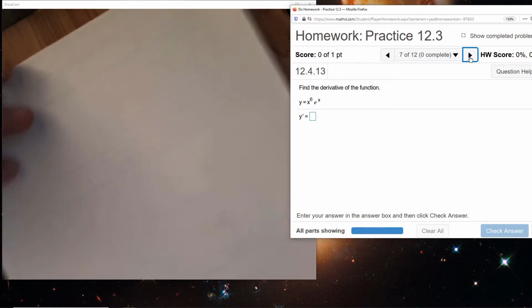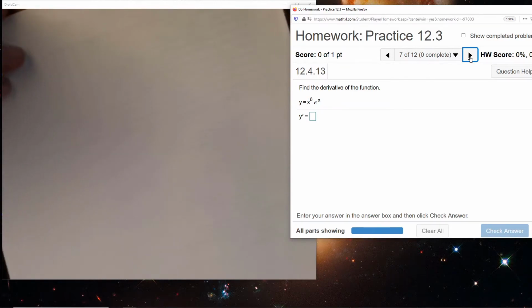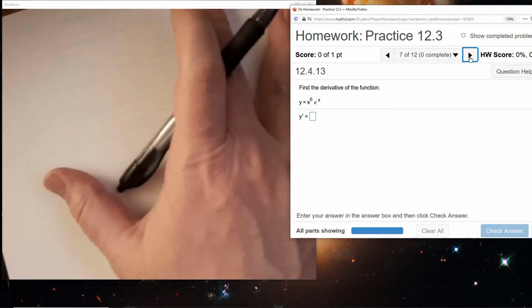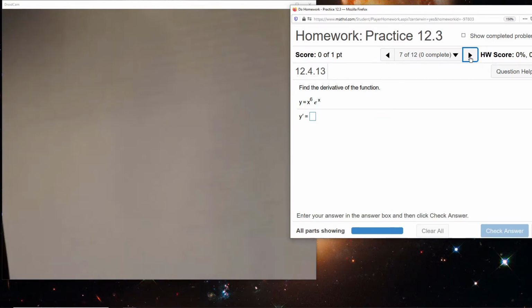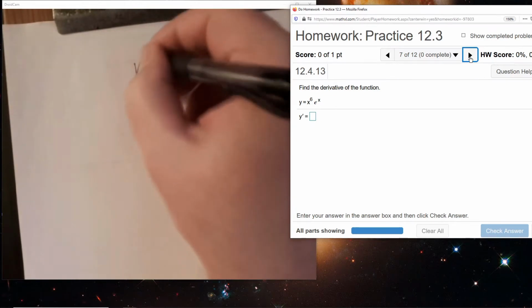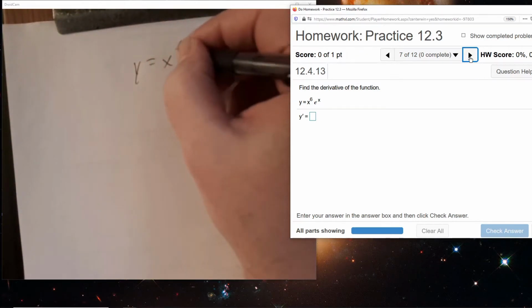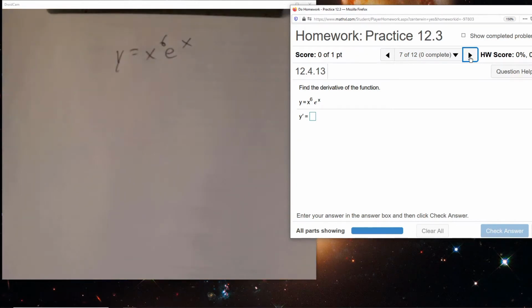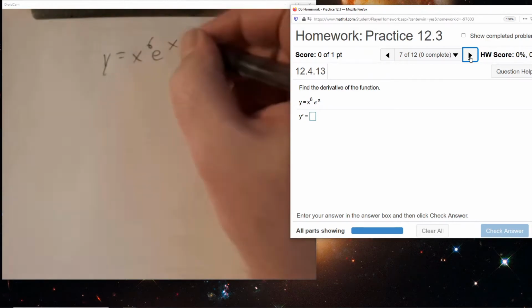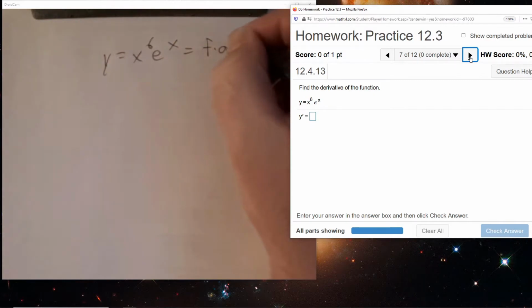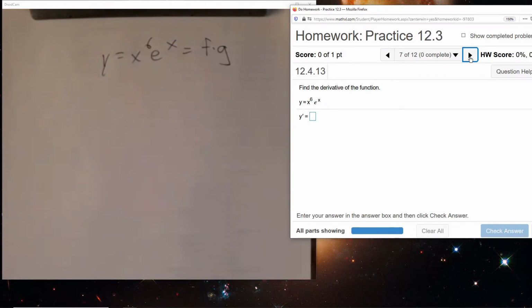So what do you see here? This is just a straight up product rule. There's no function going into another function here.